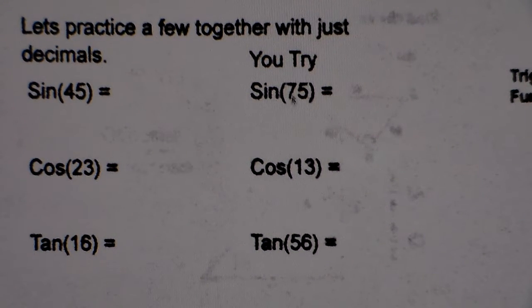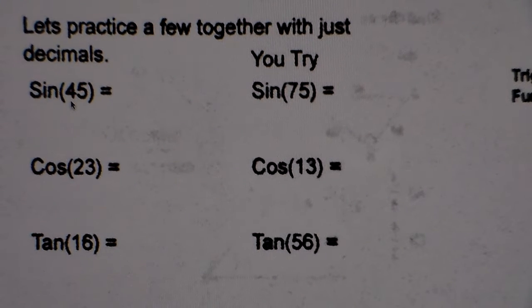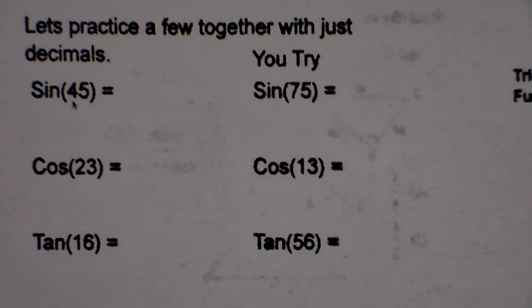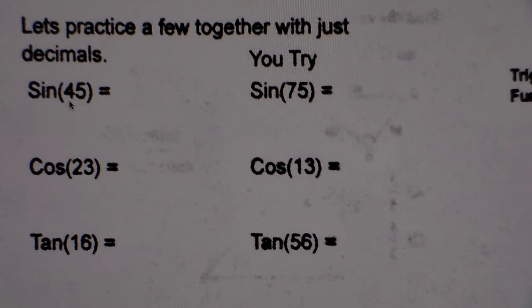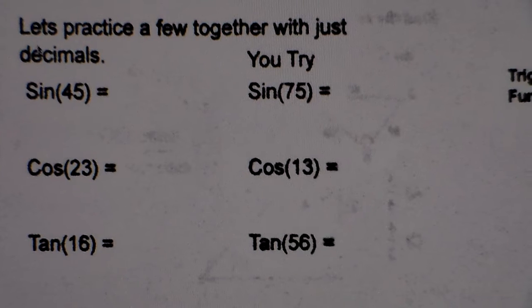So let's practice a few together with just some decimals. Sine of 45. On the calculator, we type in the sine button, 45 degrees, close parentheses, enter, and we get 0.707.